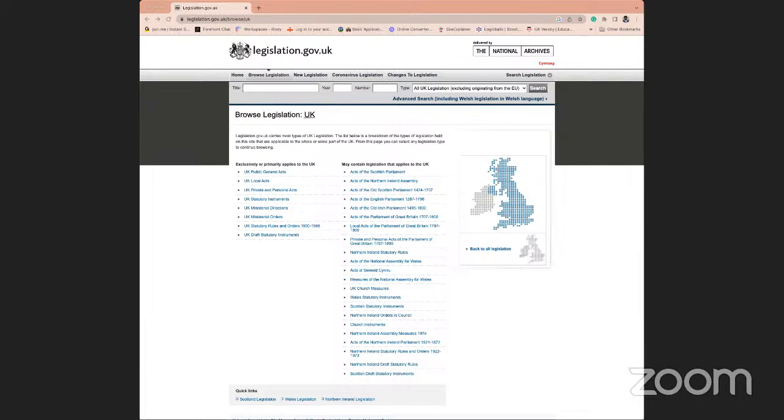This particular act provides the framework within England and Wales for people who severely lack the capacity to make their own decisions.